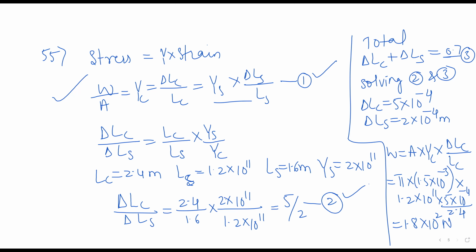By solving equations 2 and 3, delta LC we get is 5 into 10 to the power of -4, and delta LS we get is 2 into 10 to the power of -4. Just substitute all the known values, and finally the total value of W we get is 1.8 into 10 to the power of 2 Newton.